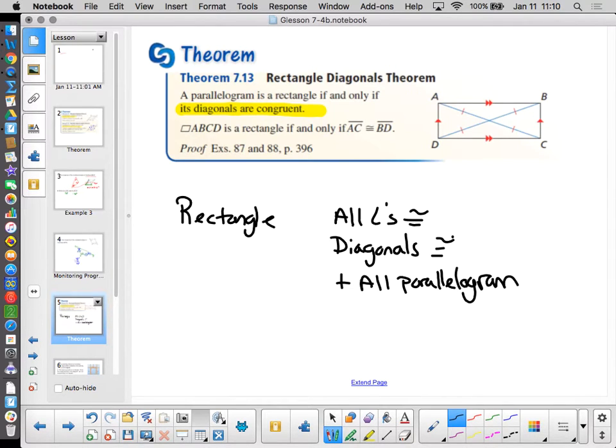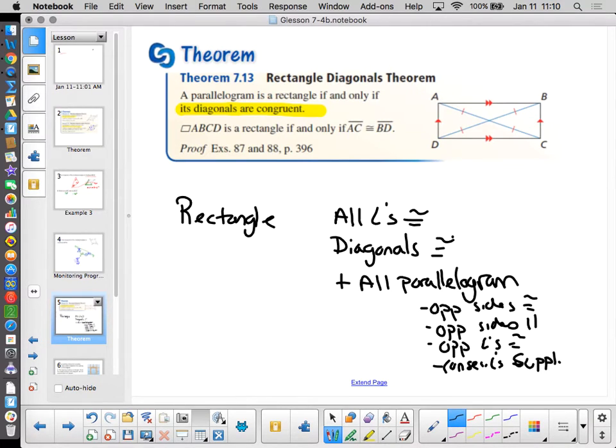The parallelogram properties are, again, opposite sides congruent, opposite sides parallel, opposite angles congruent, consecutive angles supplementary, and diagonals bisect each other.